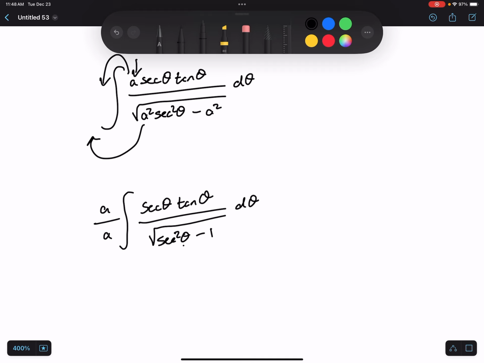And of course secant squared theta minus 1 comes from the identity that says tangent squared theta plus 1 equals secant squared theta. And so that means this is simply tangent squared theta, but it's under a square root, which simplifies it down to just tangent theta.